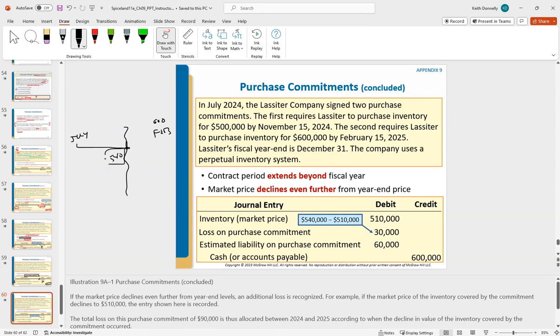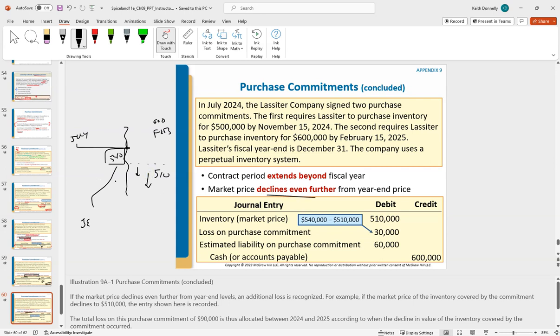Because it was smaller right here, we do that journal entry that we saw. But then time passes, and we come to find out that now on the strike date, the market price is actually 510. It's gone down even further from what we originally did there.